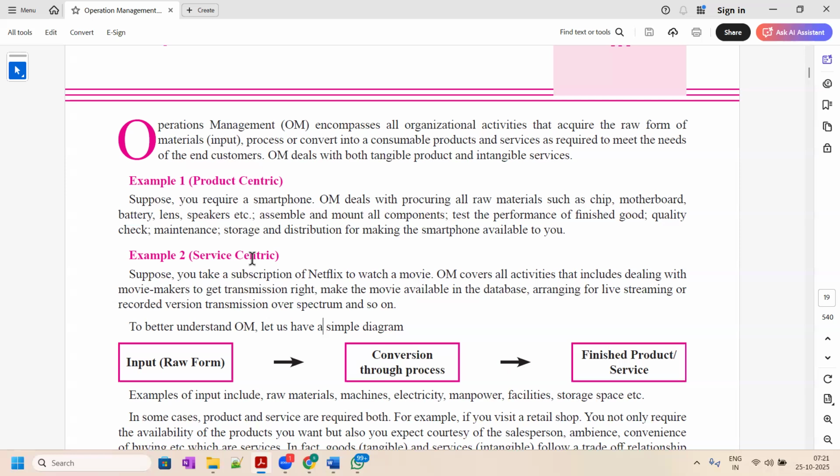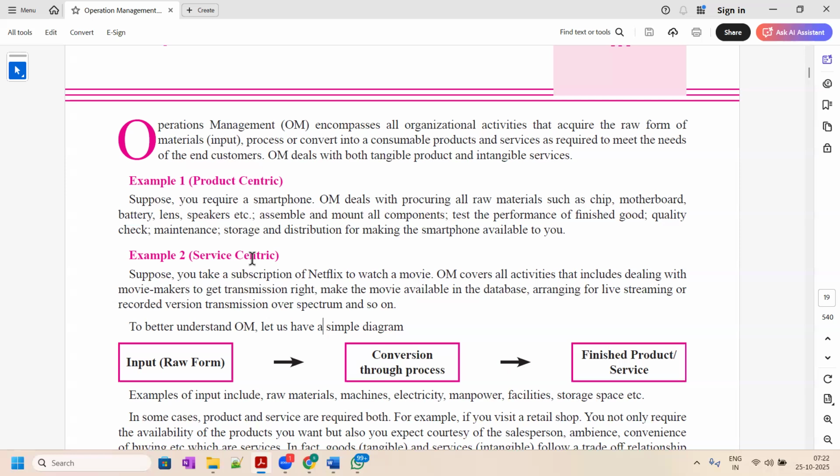Fine. So when we talk about operation management, it is all about how the organization takes raw material or input and turns them into useful products and services, where they deal either with product centric businesses or customer service centric businesses.